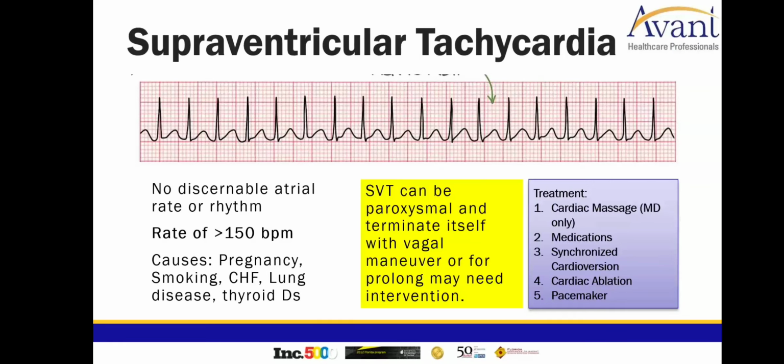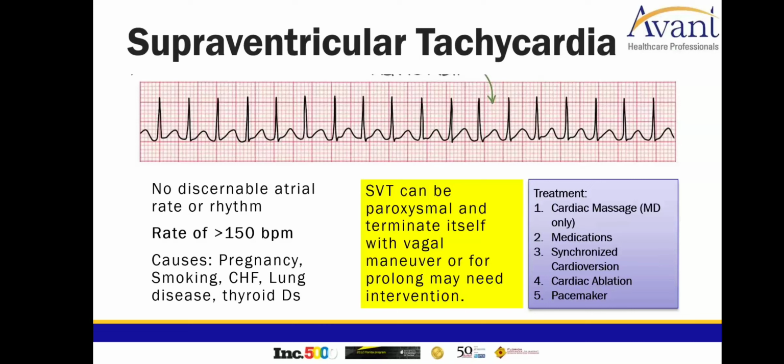That's where they insert thin, flexible tubes, catheters, through the vein or arteries, with sensors on the tip of the catheter. Sometimes they use either heat or cold to create tiny scars. That's what an ablation is, to block that extra pathway.